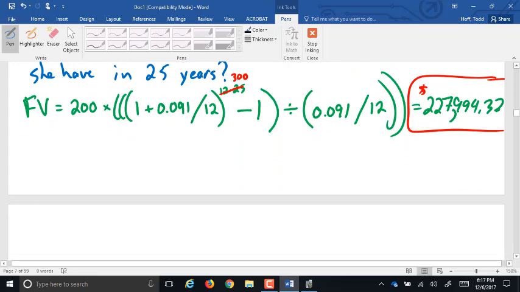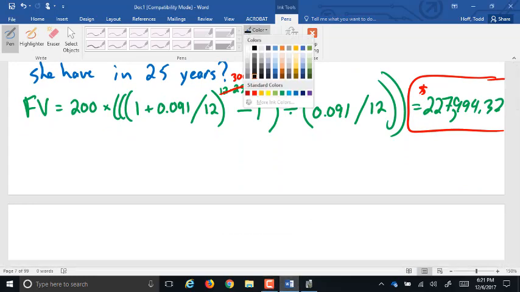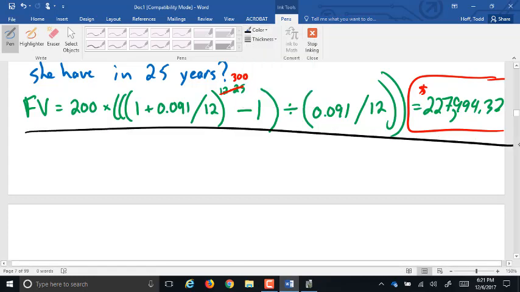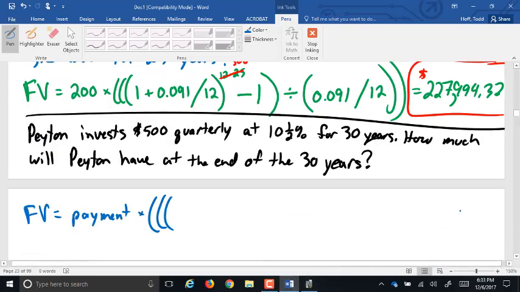Didn't work? Here, I'm going to pause the recording. So let's have you try one on your own. Actually, it is break time. For this one, remember the future value is equal to the payment times. We put in the $500 as the amount of the payment, times 1, 2, 3 open parentheses, 1 plus 0.105 divided by, payments are made quarterly, so 4, to the power of 120.